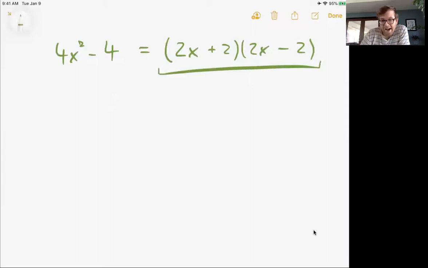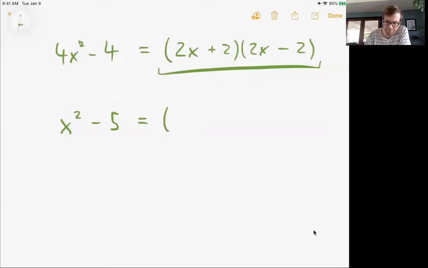Now, I actually want to show you a couple really quick examples that will illustrate that you actually don't even have to have perfect squares in order to be able to use the technique. You really just need the difference between two things, and then you can work out the square root. So for example, if you had x squared minus 5, at first glance you might not go, that's a difference of two squares problem because 5 is not a perfect square.